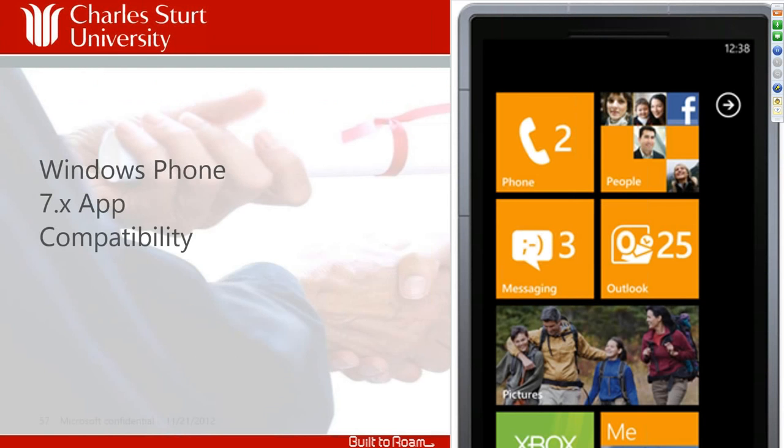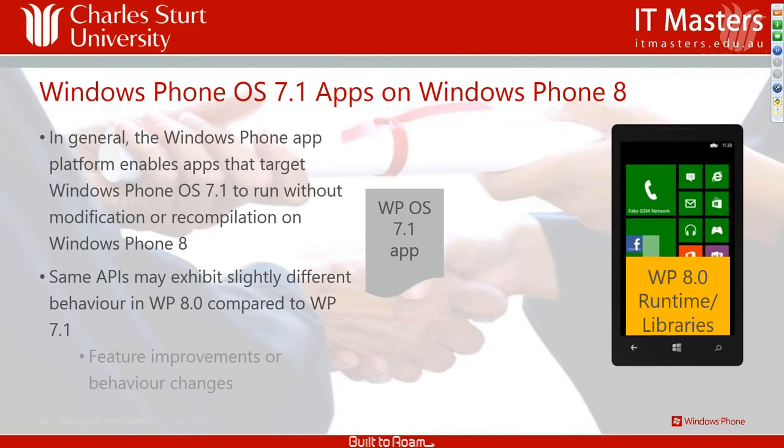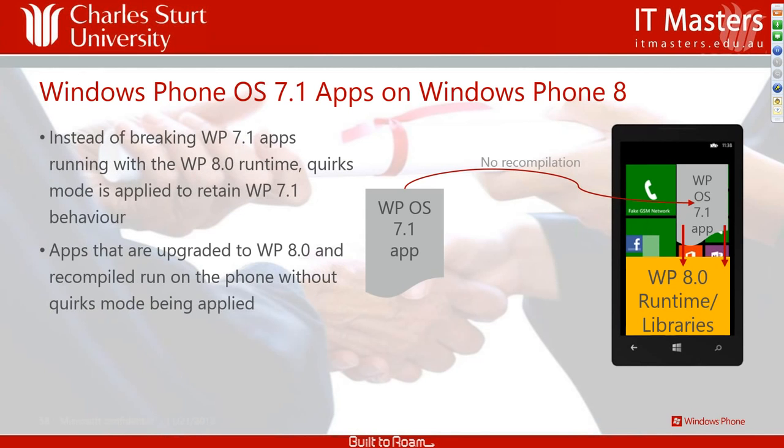In terms of Windows Phone 7 app compatibility, because the Windows Phone 8 runtimes are slightly different to what was available in 7.1, if we just run 7.1 applications out of the box against the Windows Phone 8 runtimes, we'd expect to see some sort of abnormalities or quirks.